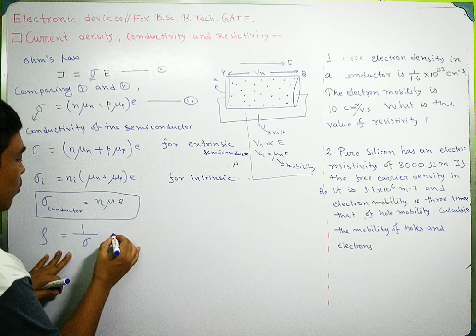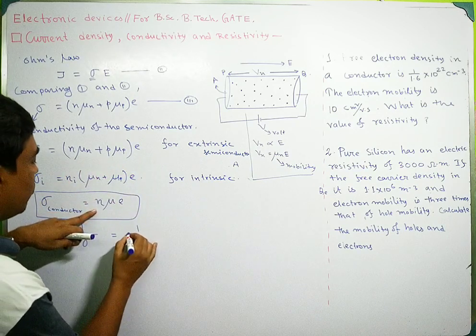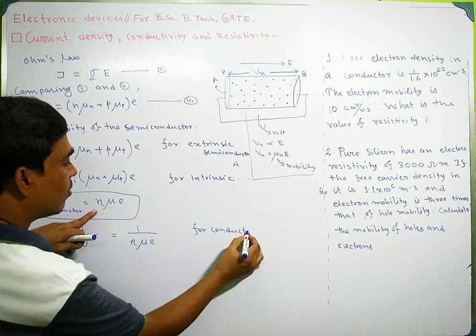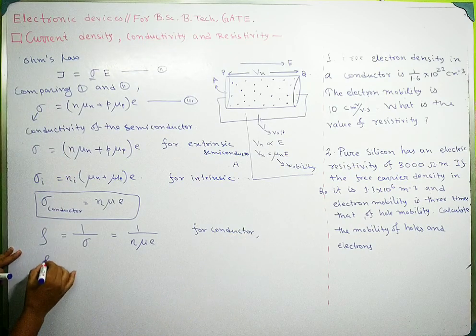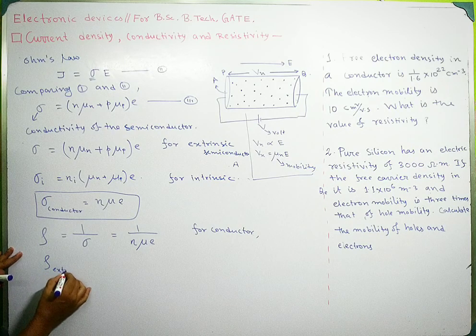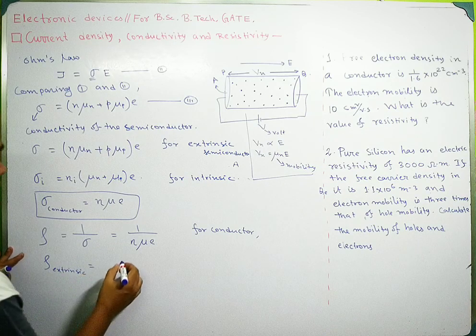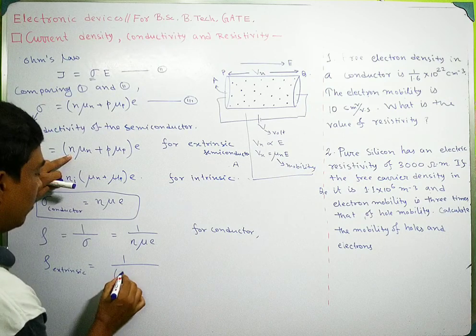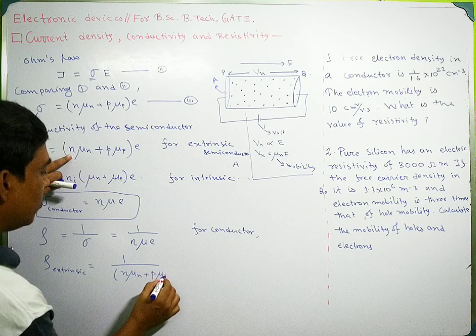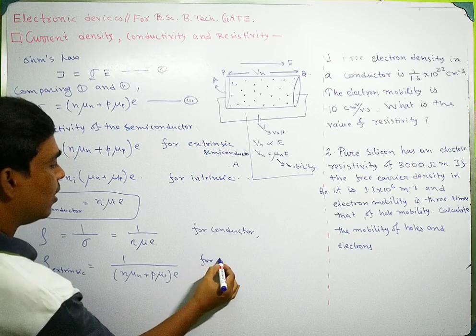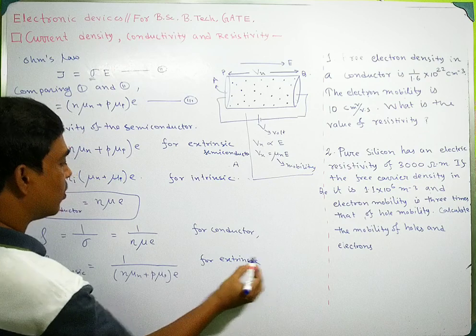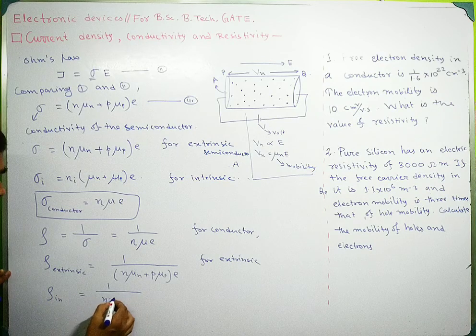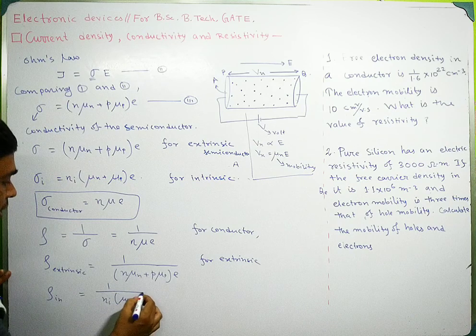So resistivity for a conductor can be written as 1 by N mu E. Now resistivity for an extrinsic semiconductor can be written as 1 by (N mu N plus P mu P) into E. For an intrinsic semiconductor, resistivity is given by 1 by Ni into (mu N plus mu P) into E.